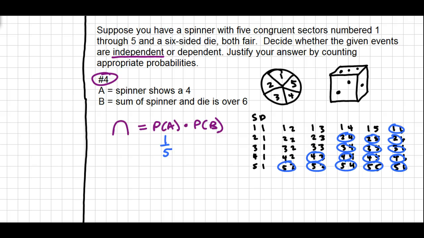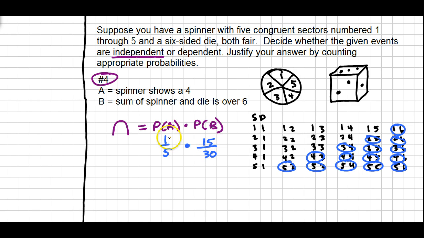Oh, and I circled one that I shouldn't have. All right. So now when we count those, 1, 2, 3, 4, 5, 6, 7, 8, 9, 10, 11, 12, 13, 14, 15 of them are in event B out of the 30 total.